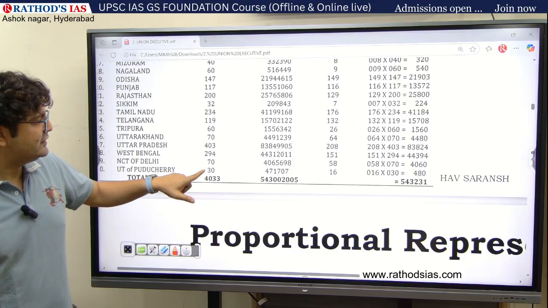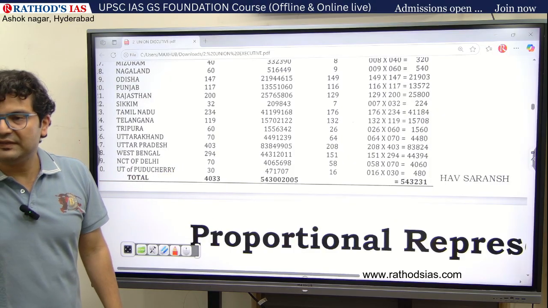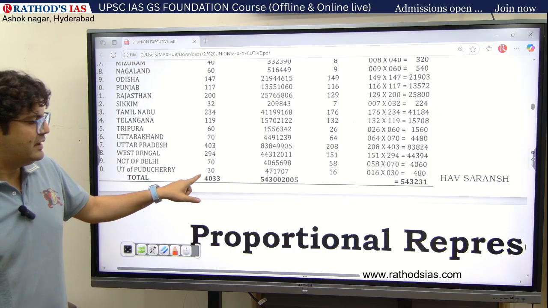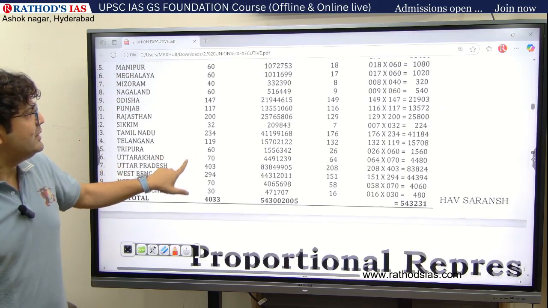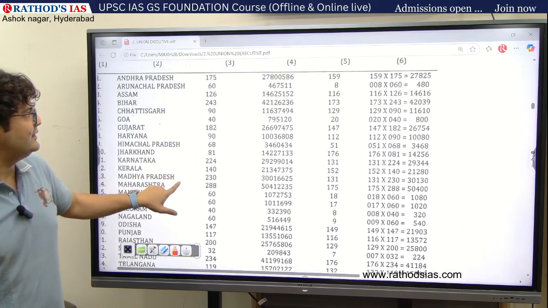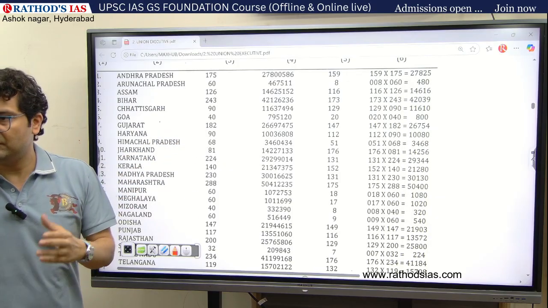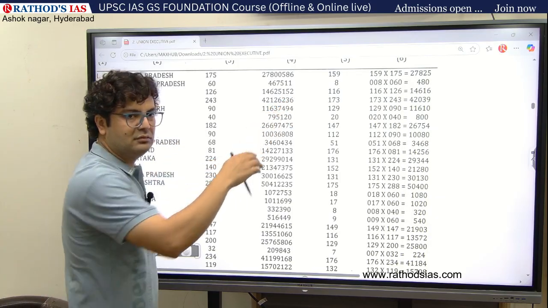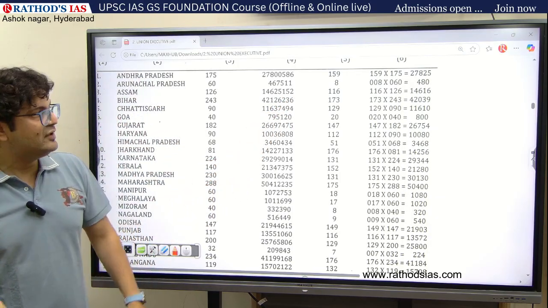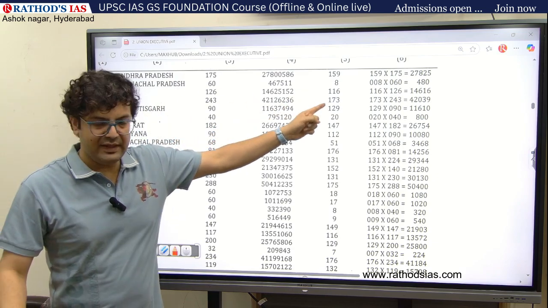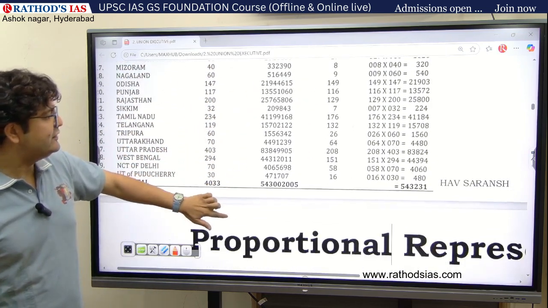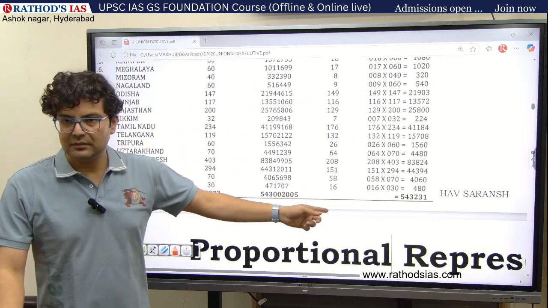But because the number of elective seats are double in Arunachal, here it is 30. Arunachal is how many MLAs? 60 MLAs. So if the denominator is huge, vote value decreases. And that is why vote value of Arunachal MLA is 8 and vote value of Pondicherry MLA is 16.